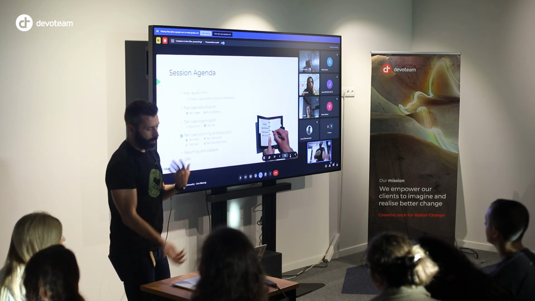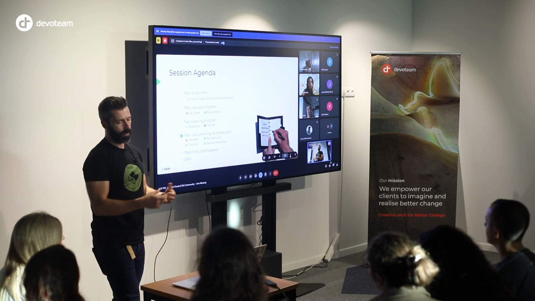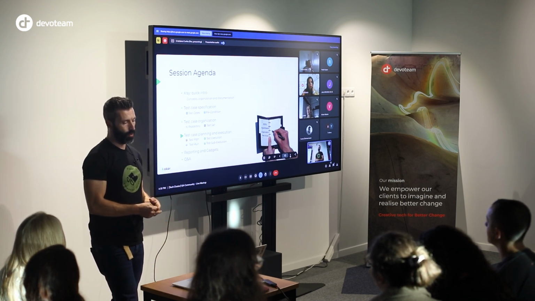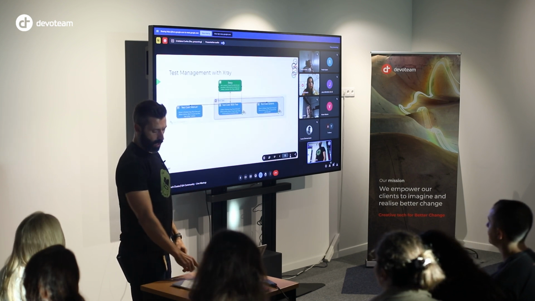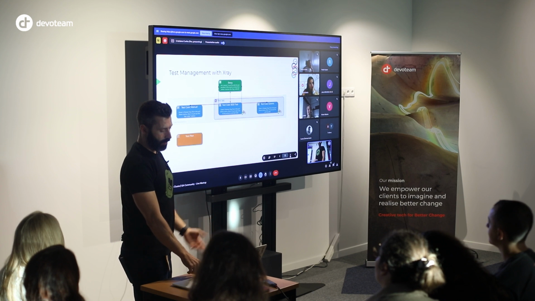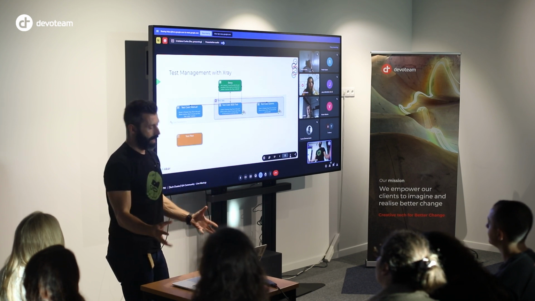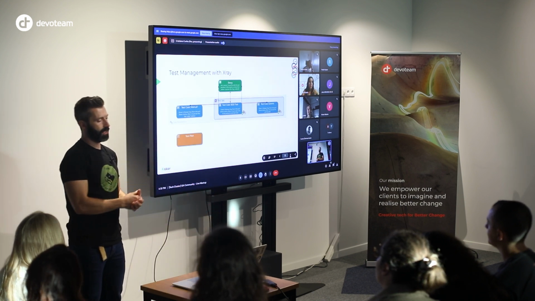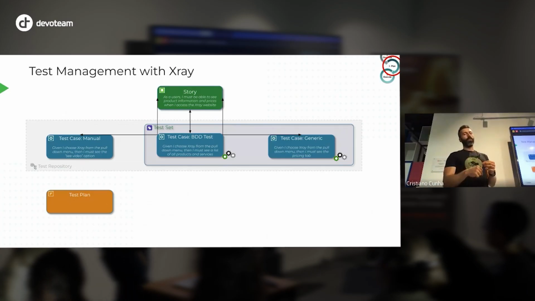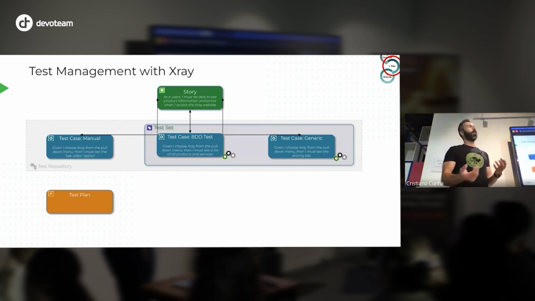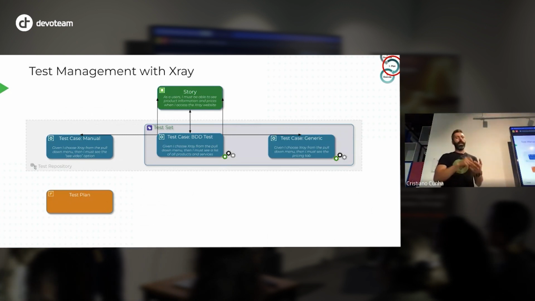Once you have everything specified and organized, you will actually need to start planning and executing. And this is actually the place where we're going now. So once you have all of this defined and organized, using either the test repository or test sets, you can use the test plan in order to start executing those. The test plan will allow you to define executions.